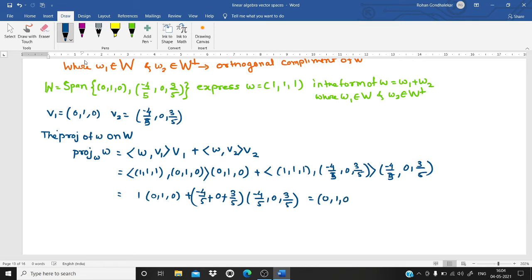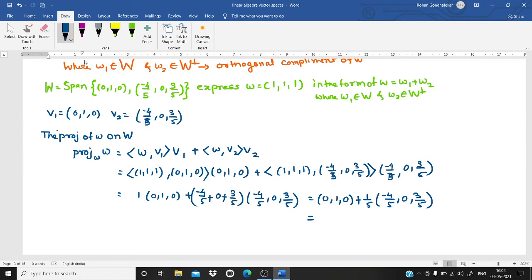(0, 1, 0) plus, now what is the value of this? Minus 4 by 5 plus 3 by 5 will be 1 by 5. Are you clear with that? So we multiply 1 by 5 into (minus 4 by 5, comma 0, comma 3 by 5). Fine.